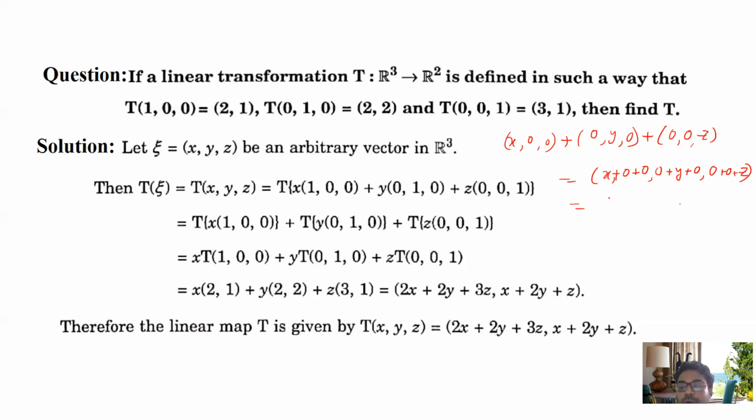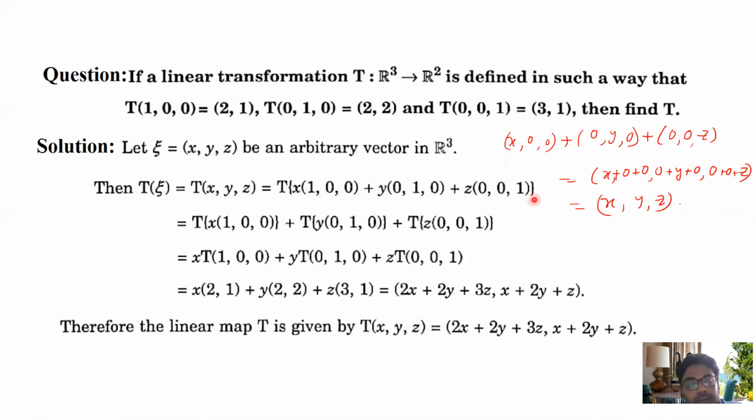So ultimately what you get? x, y and z. So that's why if I write this x, y, z in terms of this, that is x into 1 0 0 plus y into 0 1 0. I think you have a question in your mind, from where you have this? That is from here, 1 0 0, 0 1 0, 0 0 1.